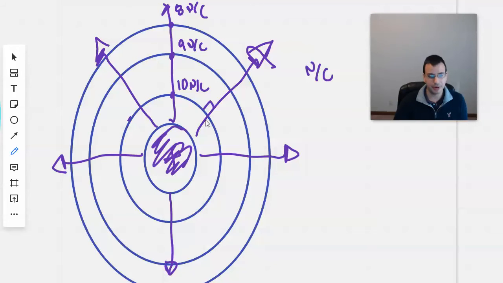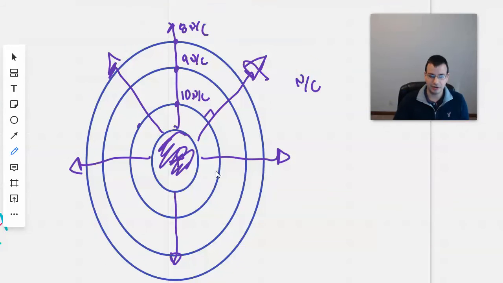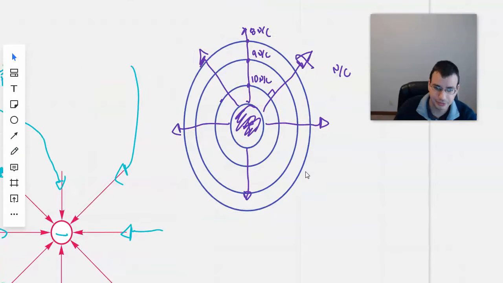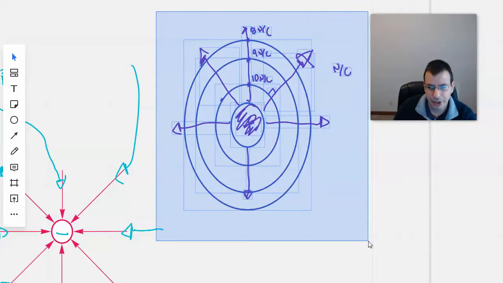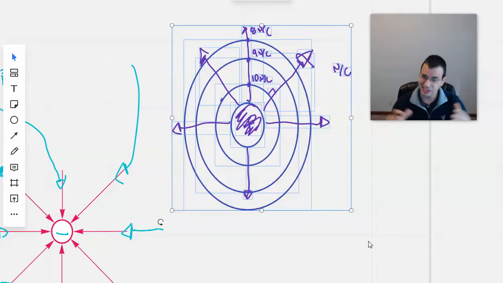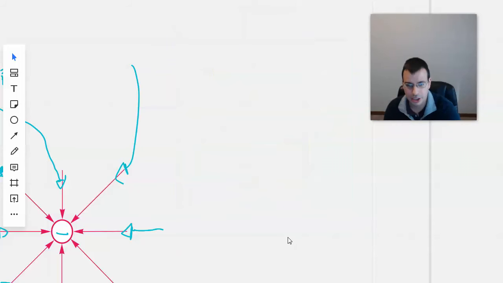That's another way of representing the same concept here of electric fields, where you draw lines not showing the direction of the electric field, but lines that are perpendicular to the electric field, at a constant field strength. So we're not going to deal with that much, but it's good to understand that it exists, and that it's just another way of representing the concept here.